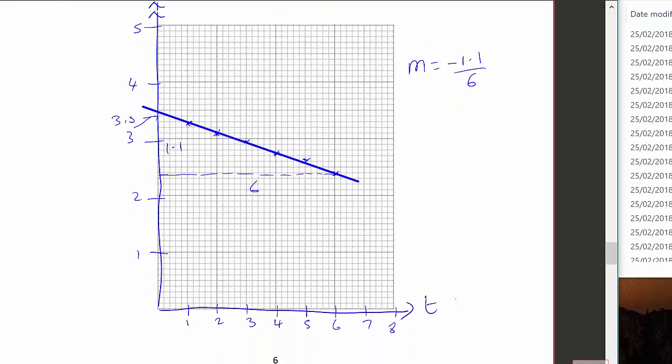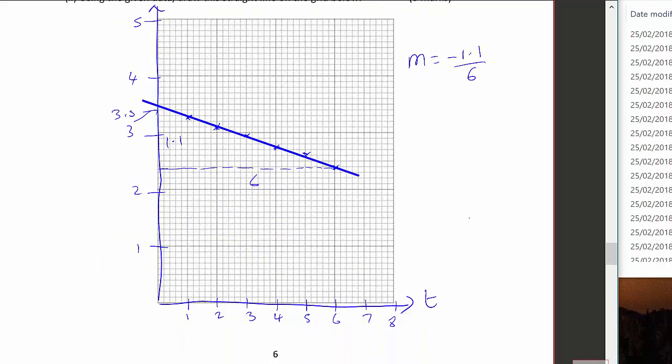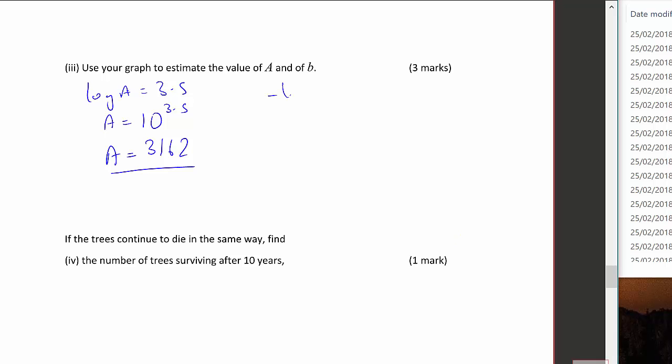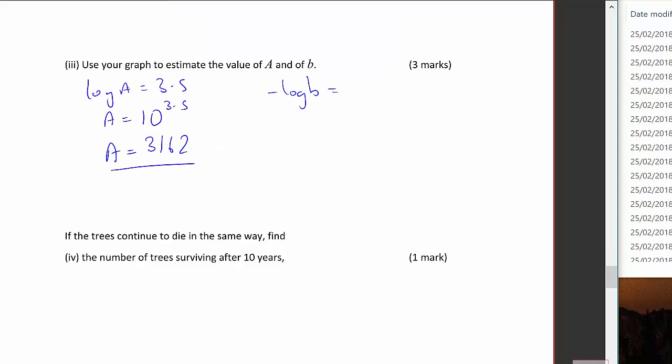Now, so minus log B was the gradient, and that's minus 1.1 over 6. So we can get rid of those minus signs, and then B is going to be 10 to the 1.1 over 6.